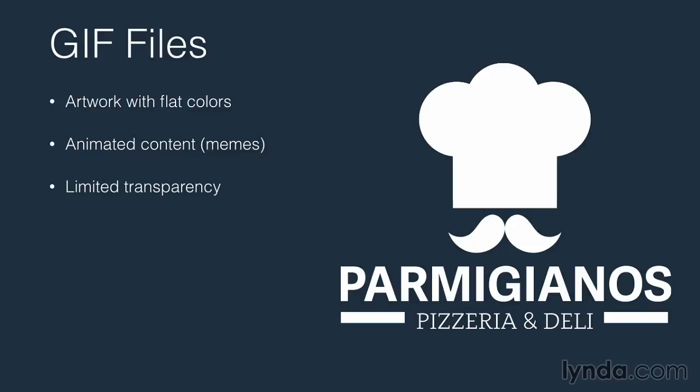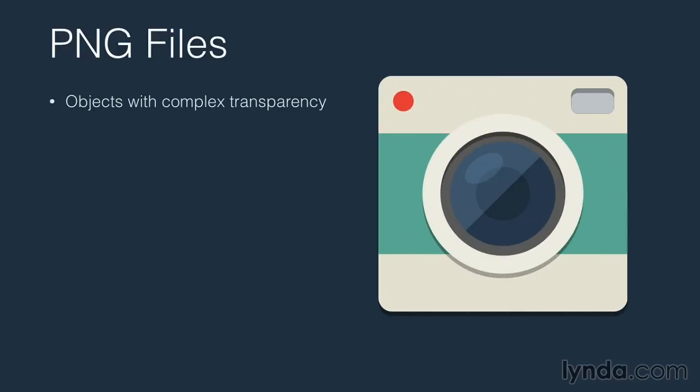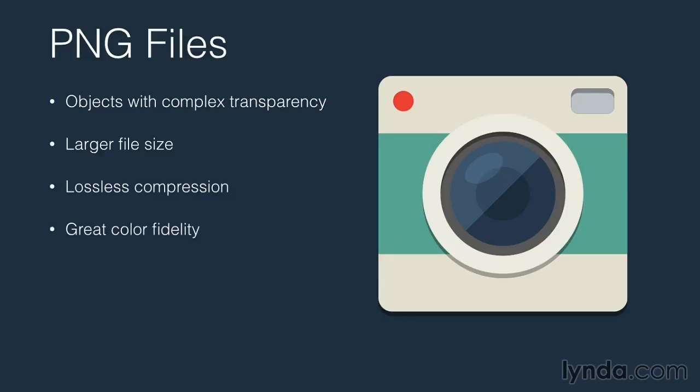PNG files are probably my favorite type of web graphic, and there's actually two different types of them, PNG 8 and PNG 24. PNG 8 sort of behaves a lot like a GIF, and it's something I don't use all that often, but PNG 24 is the top of the line in terms of web graphics, in my opinion, because it is the best image file format for objects that have complex transparency.